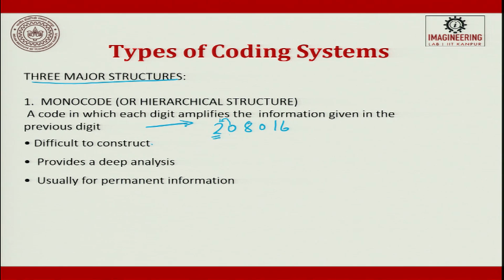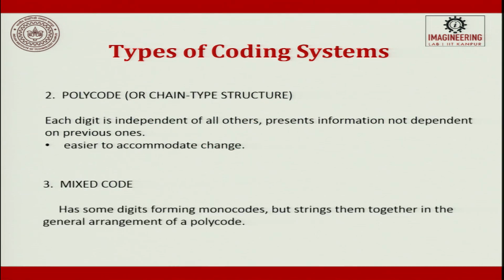It is difficult to construct because when you have 13 digits, it is very difficult to do. It provides a deeper analysis, usually for permanent information. That is why I said a post office or a bank can do it. So the difficulty is in constructing a monocode, because you have to do a deeper analysis of the complete part, and then it gives you permanent information.